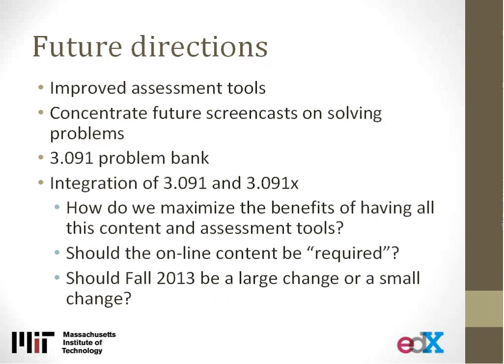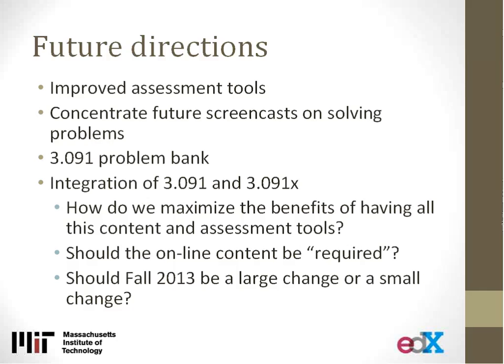I'll tell you about the 3091 problem bank that we've started building, and it'll be used in my class. And then, of course, integration of this material with the residence space. How do we maximize the benefit of this content and assessment tools? Should online content be required? Should the change I make in the fall be a large change or a small change?